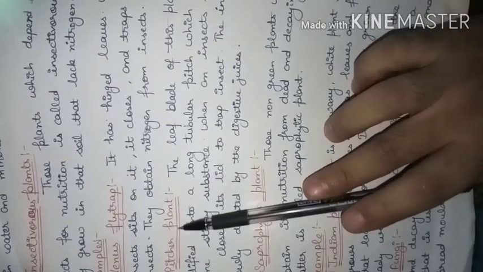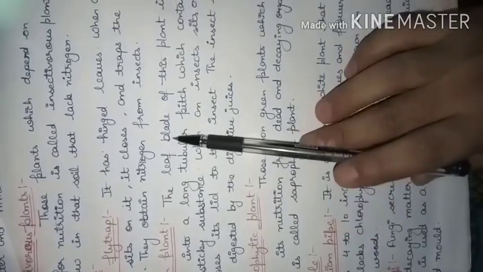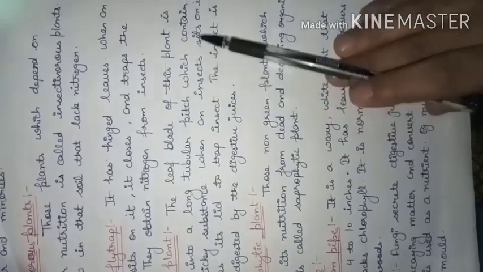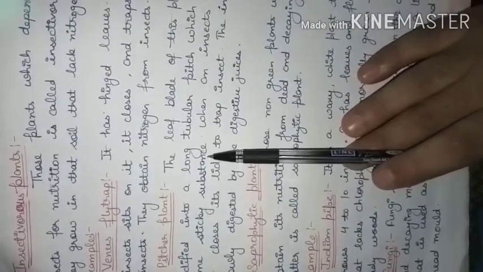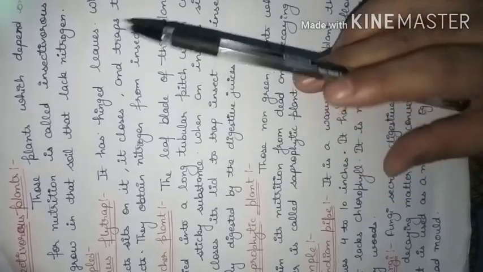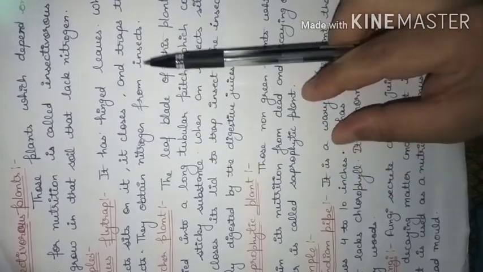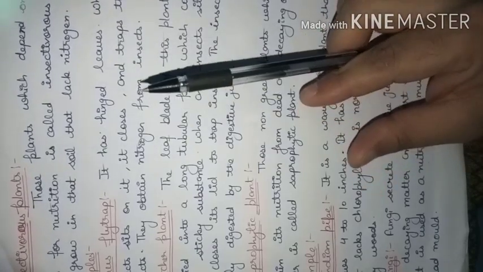Now the next one is the pitcher plant. The leaf blade of this plant is modified into a long tubular pitcher which contains a sticky substance. What it means is that the leaf of the pitcher plant is modified into a long tube, like a long narrow pipe.